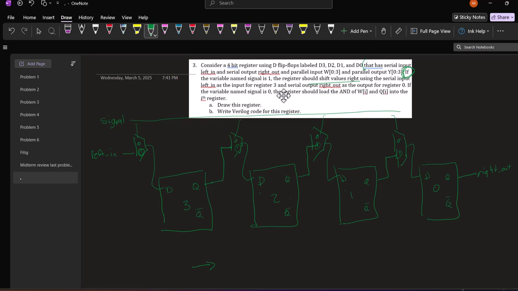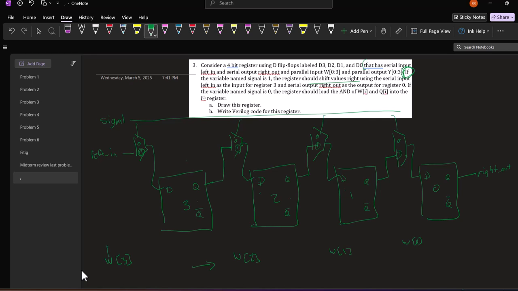If the variable named signal is 0, the register should load the AND of WI and QI into the ith register. So I've got another variable, W, and W is a vectored signal. It has the values W3, W2, W1, and W0. And we're supposed to AND together the WI with QI.